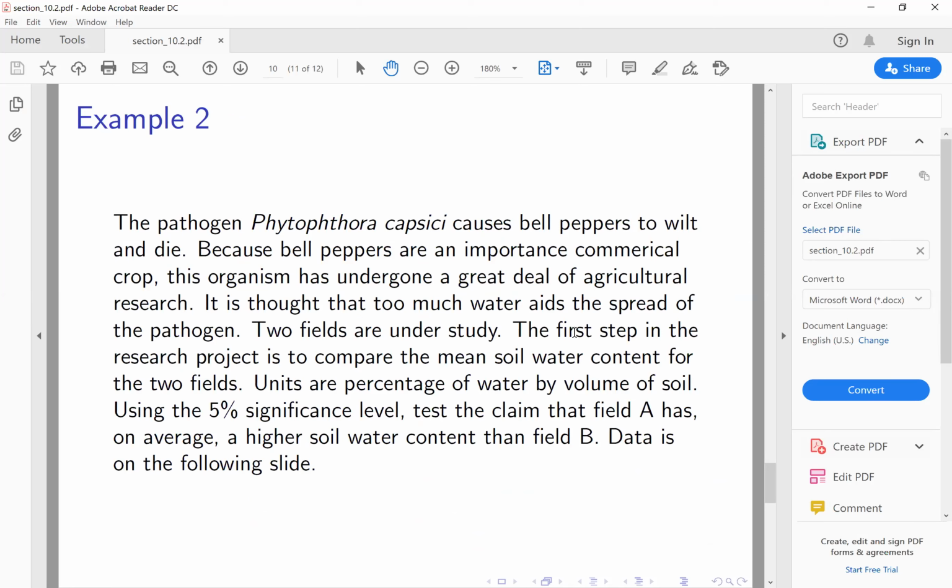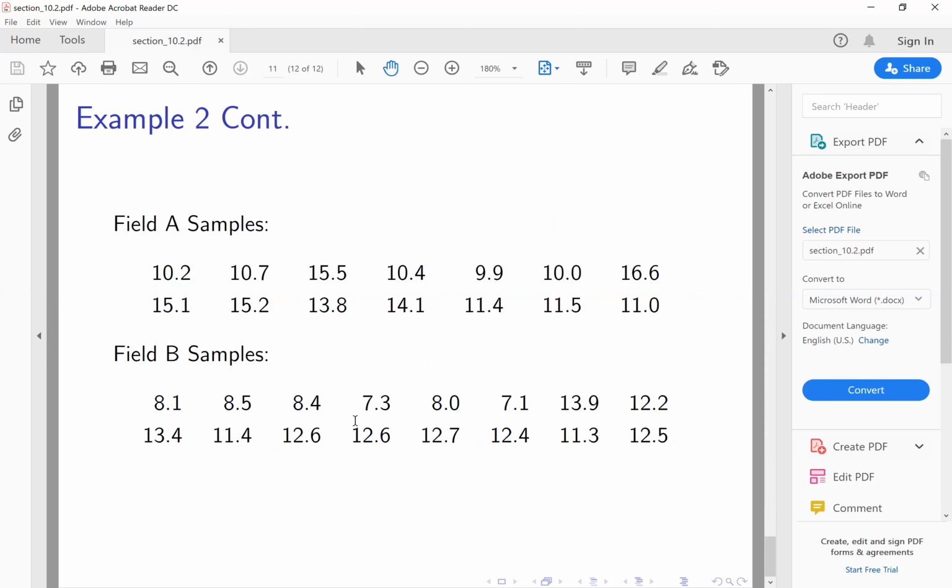So we're going to look at two fields where we're going to compare the soil water content. So we have data for two different fields, field A and field B, and we want to know whether field A has on average a higher soil water content than field B. So let's look at the data.